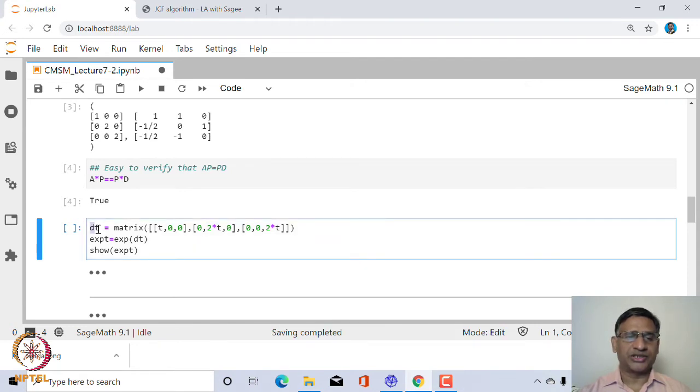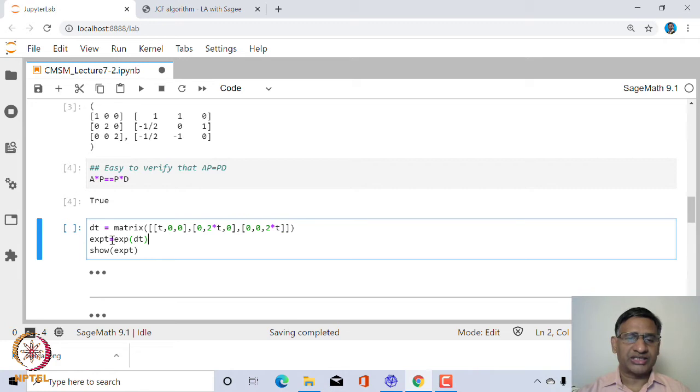I am calling this dt. And what is the exponential? In this case, first we find the matrix T times D, which is the diagonal matrix with T, 2T and 2T, right. This is lambda 1 times T, this is lambda 2 times T, and this is lambda 3 times T, where lambda 2 and lambda 3 are 2, right.